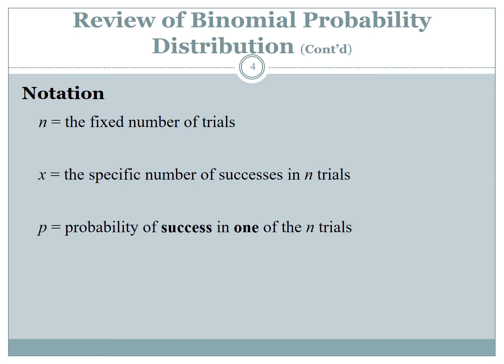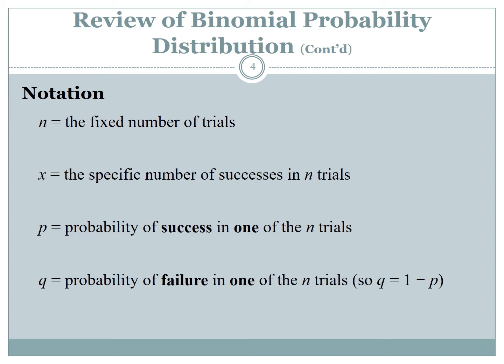We will let p be the probability of success in one of the trials, and q, the complement of p, which is 1 minus p, the probability of failure. So we have n, x, p, and q. Make a note of those: n, x, p, and q.